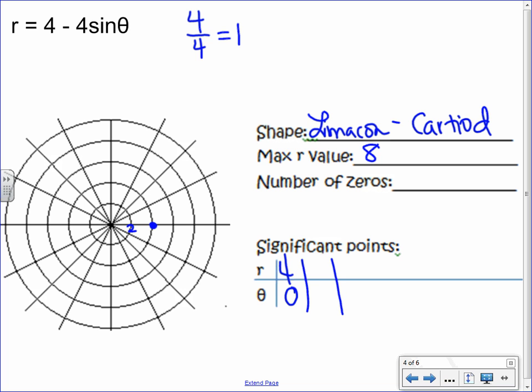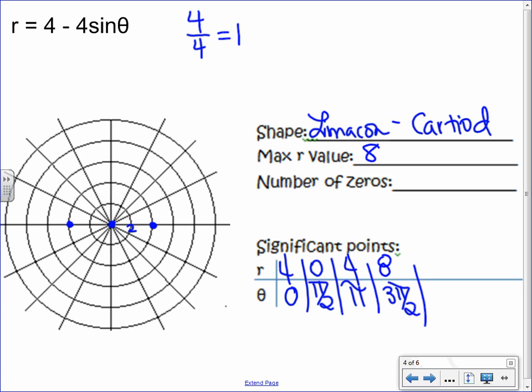At pi over 2, sine of pi over 2 is 1, so we have 4 minus 4 times 1, which is 0. At pi, what's the sine of pi? R is 4. At 3 pi over 2, the sine is -1, so we have 4 minus 4 times -1.